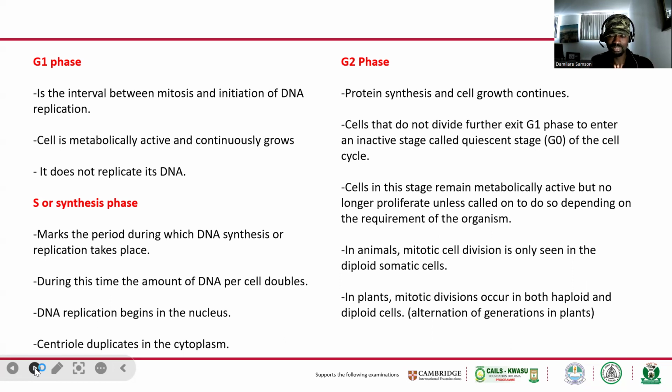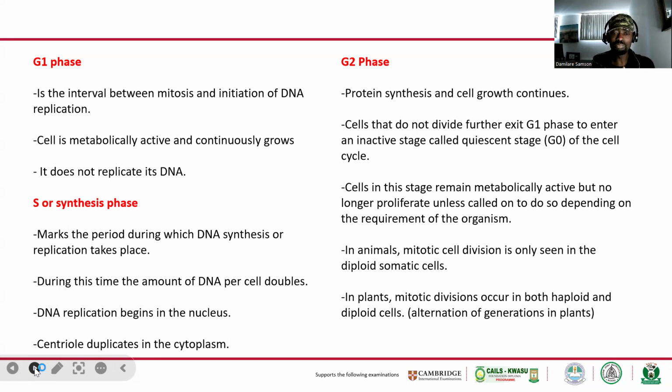The interval between mitosis itself and the initiation of DNA replication, that's when mitosis has occurred. Now, like I said, interphase is a resting phase, immediately after mitosis has finished occurring.